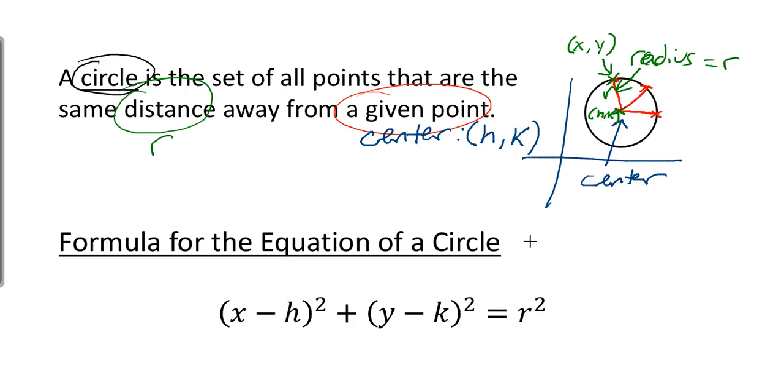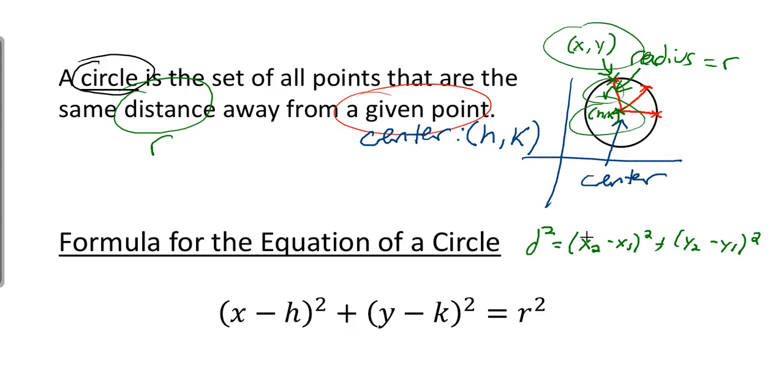So if you take the distance formula, which is d squared equals x2 minus x1 squared plus y2 minus y1 squared, and you plug this information into the formula for distance, you get this equation here, right? So we're going to plug in x in place of x2.